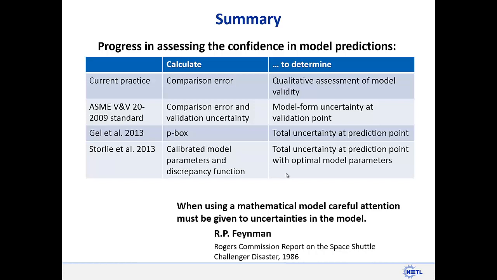What Kurt Storlie and others did was they calibrated the model parameters. You notice that we didn't do that. In our paper, you only got the model form uncertainty. They calibrated the model parameters as well as calculated a discrepancy function, which is sort of like a model form uncertainty. What that enables them to do is get the total uncertainty at the prediction point with optimal model parameters.